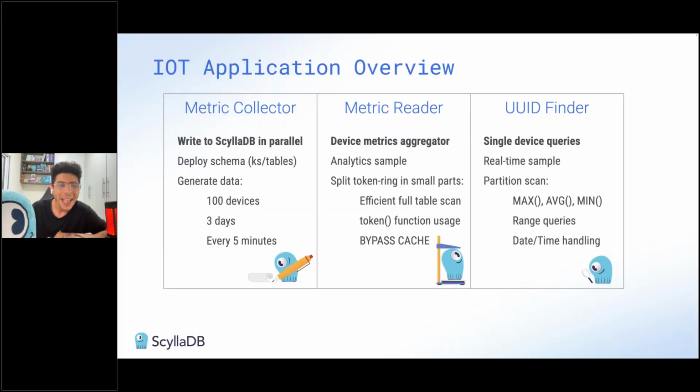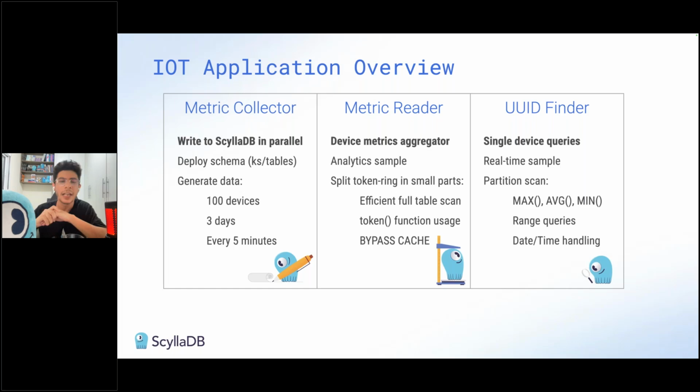All right, so with that, let's discuss the simple app we are going to walk through today. The app is a three-part component where we first ingest some data into ScyllaDB. It deploys our initial schema, and it simulates an IoT application, generating measurements for about 3 days. Next, the second program is called Metric Reader.